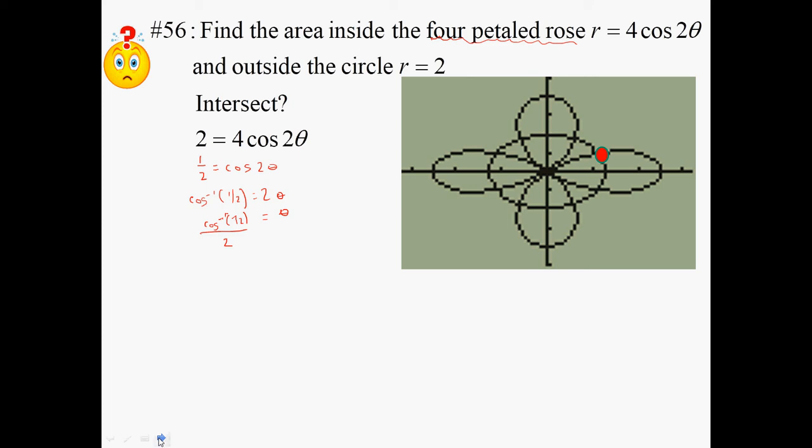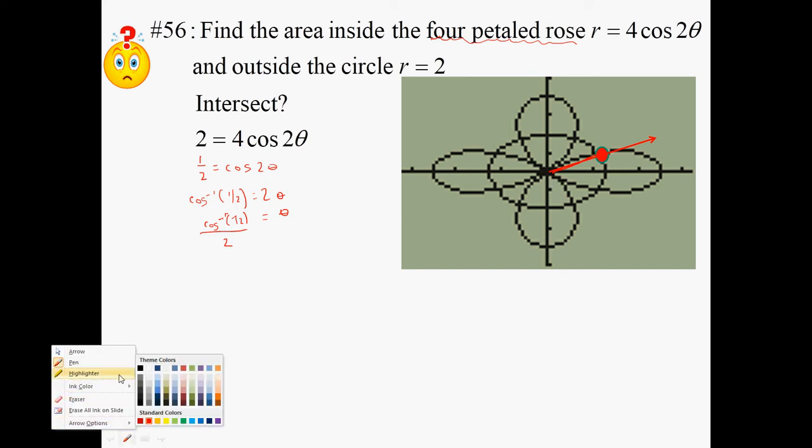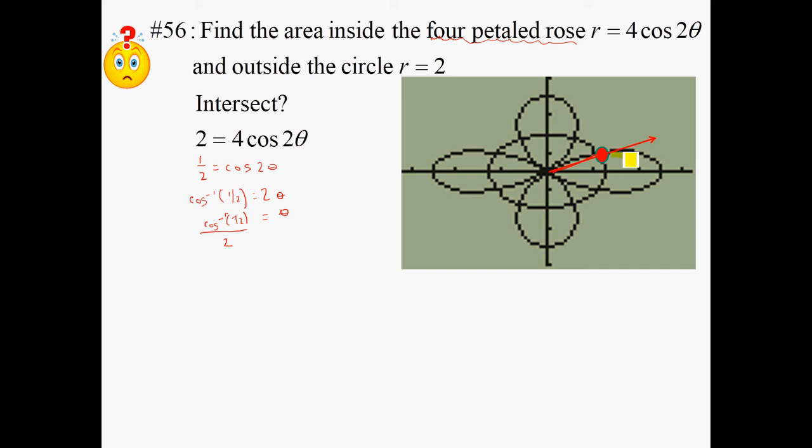Pi over 3 divided by 2, pi over 6. And there's my radiate out from the center. So what happens here? I'm going to radiate out here, and I want to be inside the rose but outside the circle. I can find that shaded piece and multiply by what?